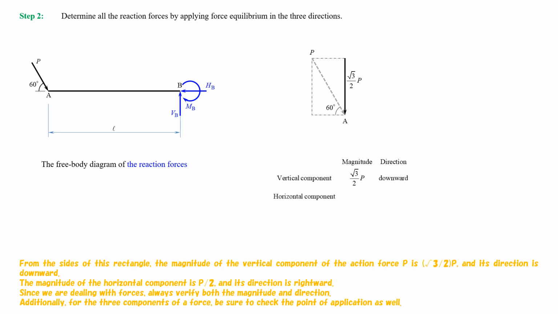The magnitude of the horizontal component is 1/2 of P, and its direction is rightward. Since we are dealing with forces, always verify both the magnitude and direction. Additionally, for the 3 components of a force, be sure to check the point of application as well.